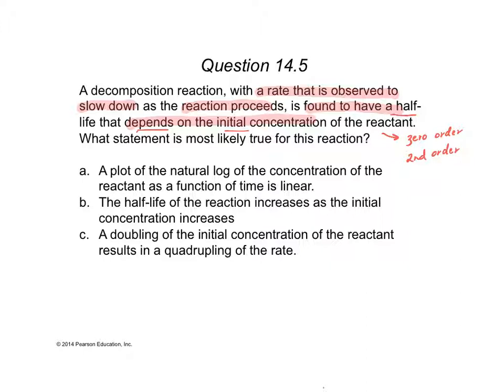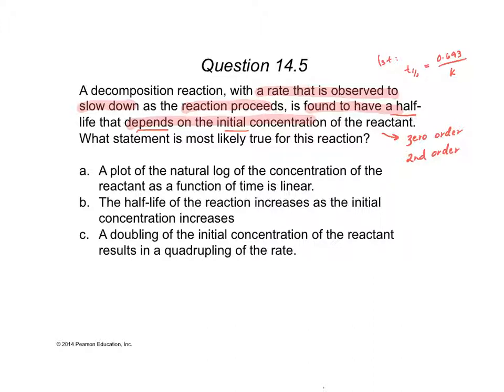Because remember that the half-life expression for first order reactions didn't depend on the concentration, it only depended on the rate constant, right? So this was for first. It was zero order and second order that actually did depend on the concentration of the reactant, okay? So number one, it cannot be first order. It has to either be zero or second.